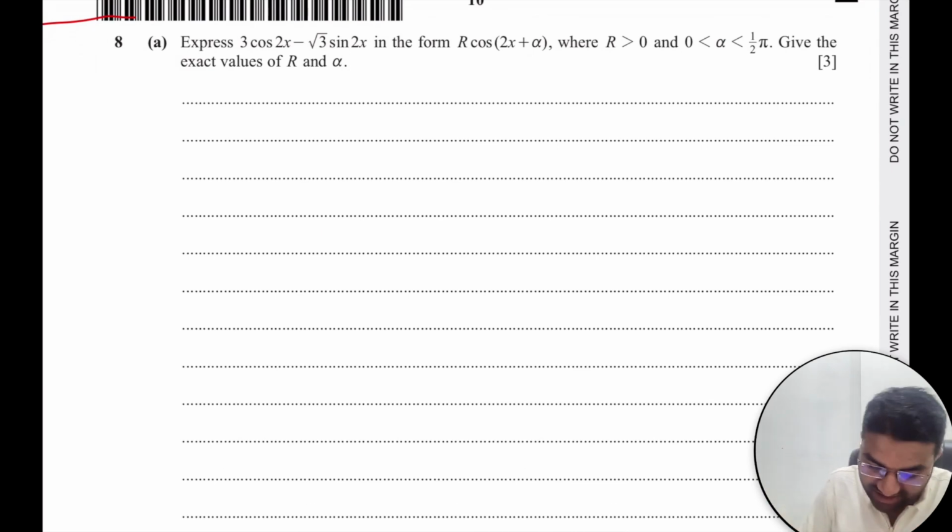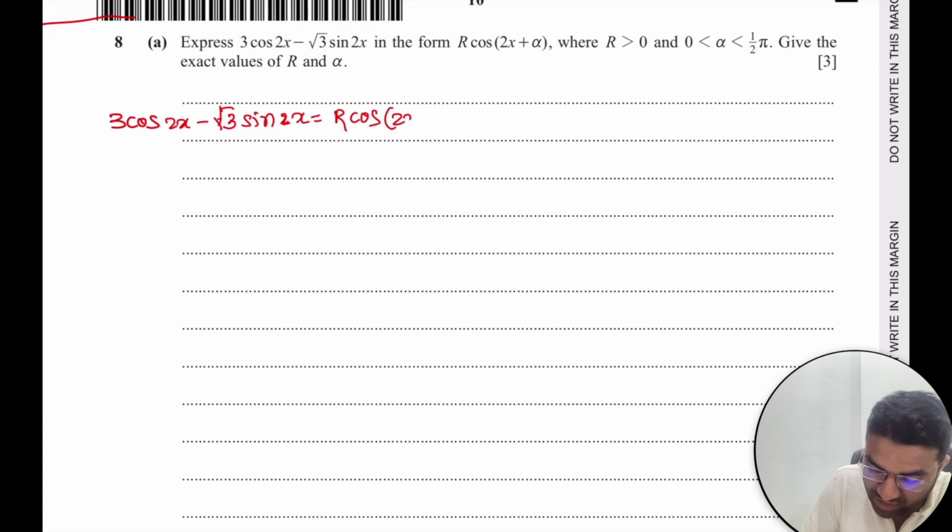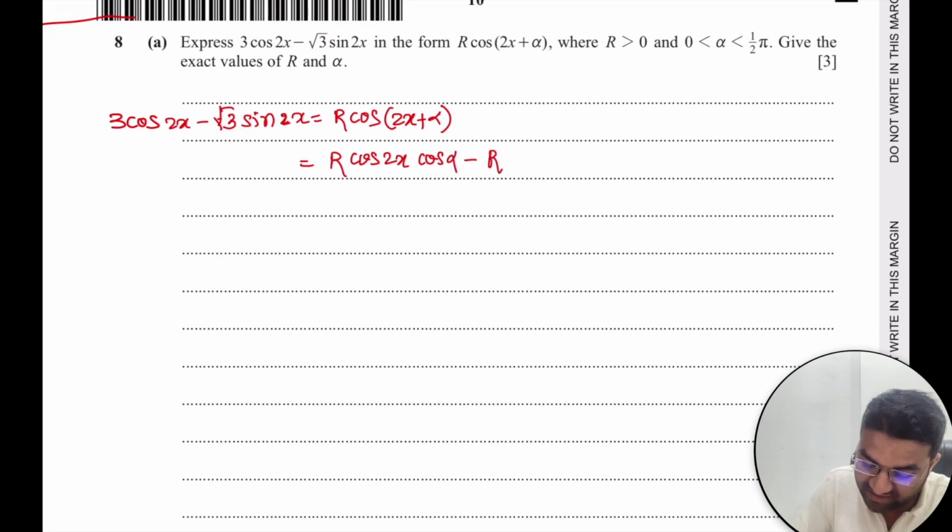So firstly, express 3 cos 2x minus root 3 sin 2x equal to r cos(2x + alpha). Fine. So expand this one: r cos 2x cos alpha minus r sin 2x sin alpha.